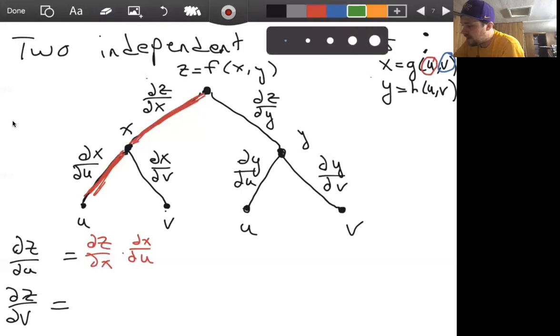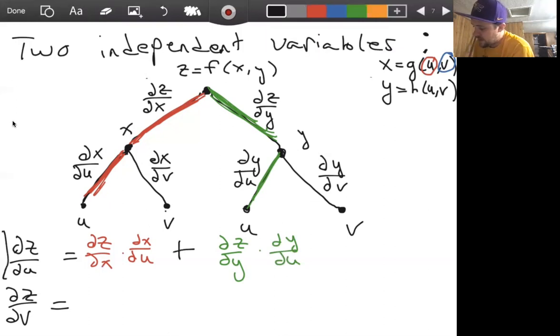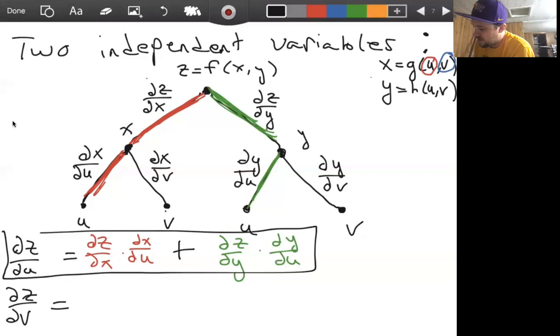And then we want to go down the y branch and also end at a u node. So this is partial z, partial y. And then to get to u from y, I go down the branch partial y, partial u. Then I take this sum.